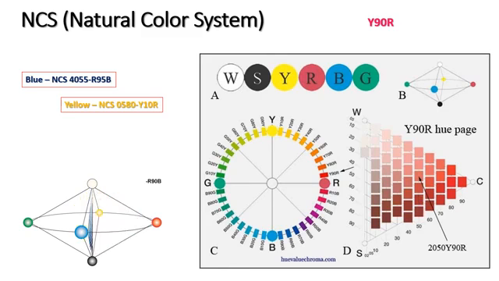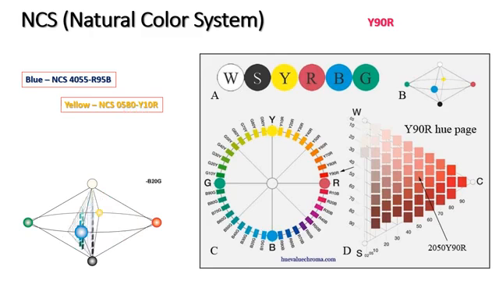Similarly, if we consider blue NCS 4055 R95B, this means this color has 40% darkness, 55% saturation of the color, 95% blue with 5% red.